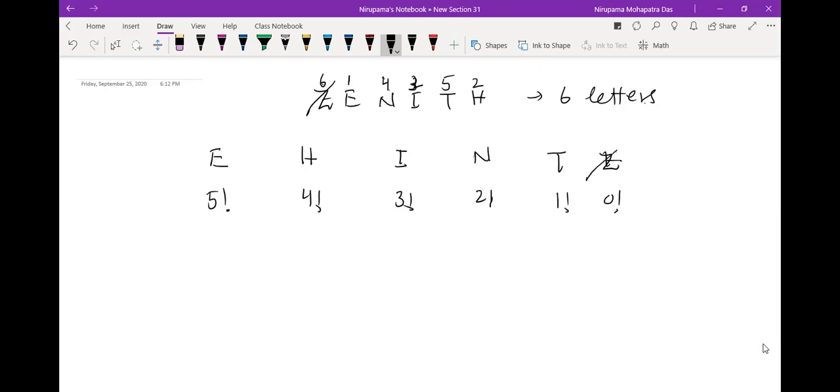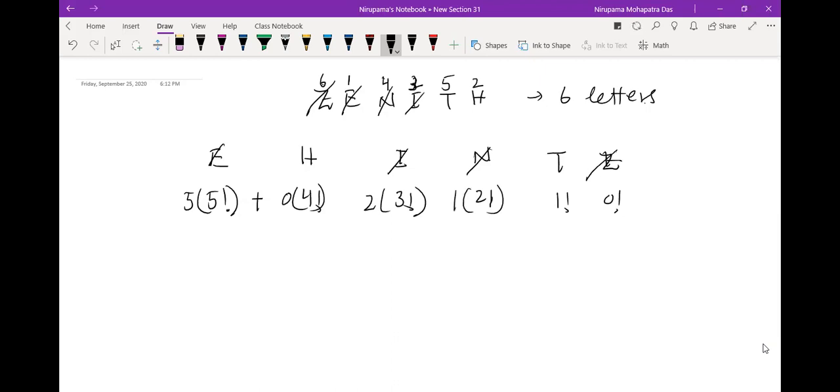So 5 into factorial 5, plus E. Now E is 0, right? Because before E we do not have any letter. Then N: 1, 2. Then I: one letter is there, so one uncancelled, right?